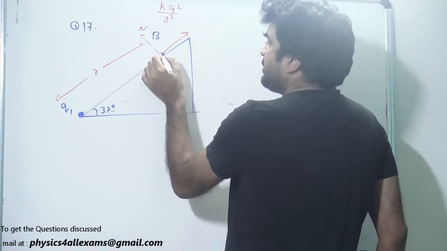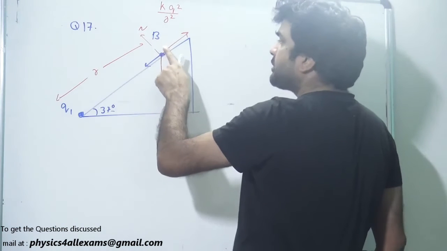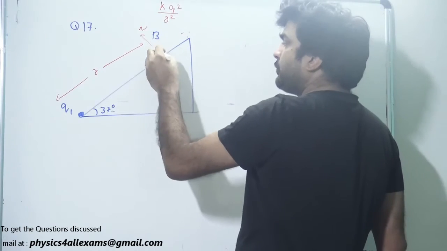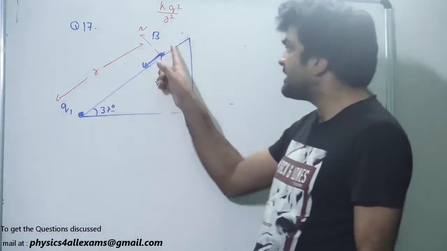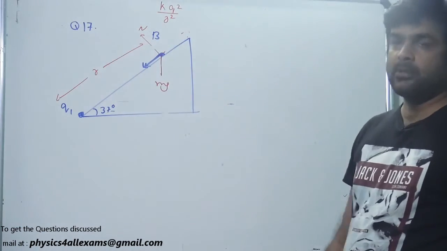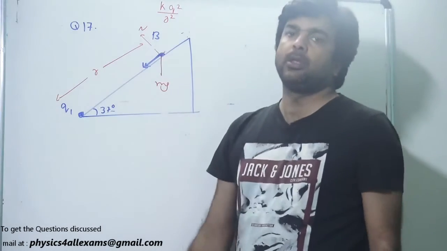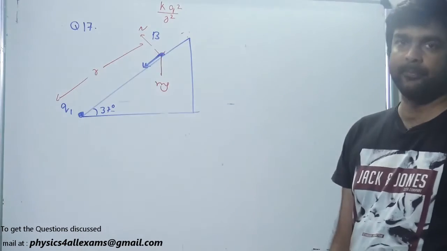On this charge there will be an attractive force, so instead of the repulsive force there will be an attractive force acting downward. It is asked what will be the acceleration of this charge. Now it won't be in equilibrium, there is a net force acting downward, and therefore this charge will start to move on the smooth inclined plane.